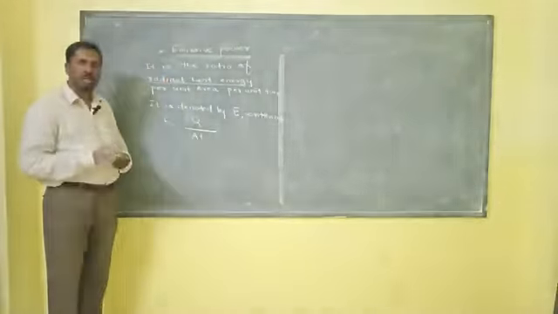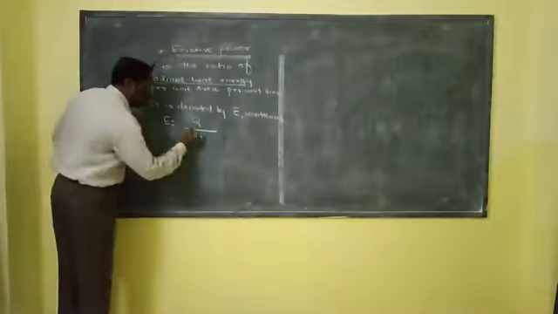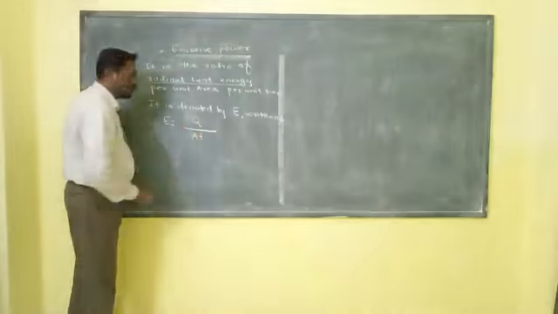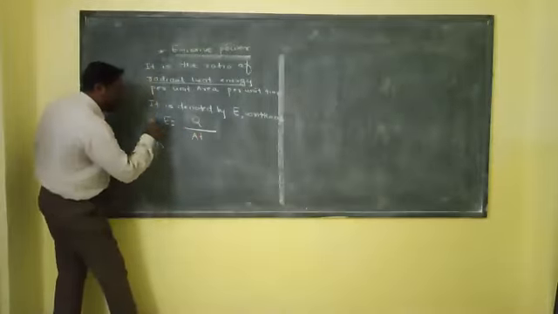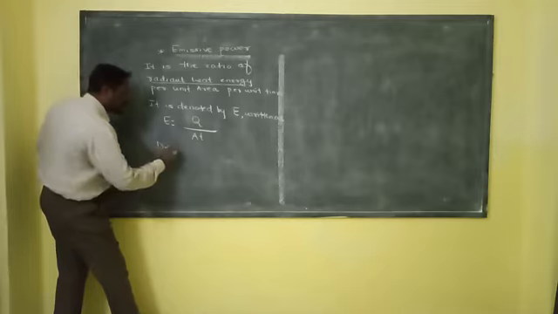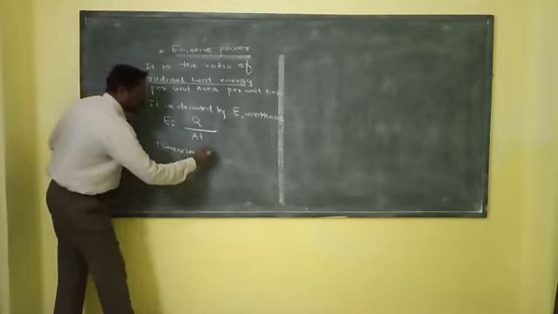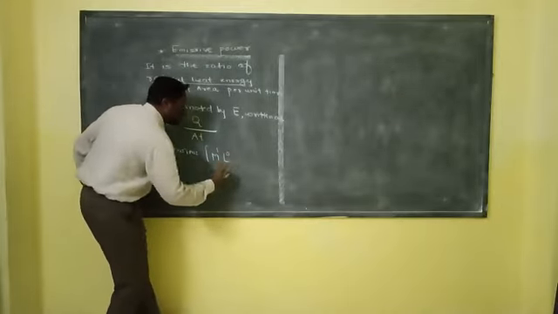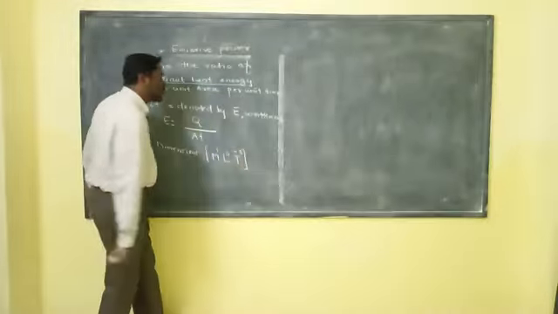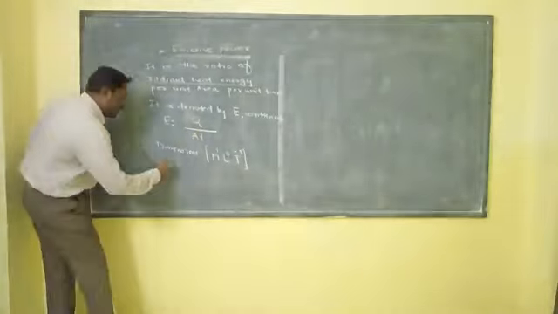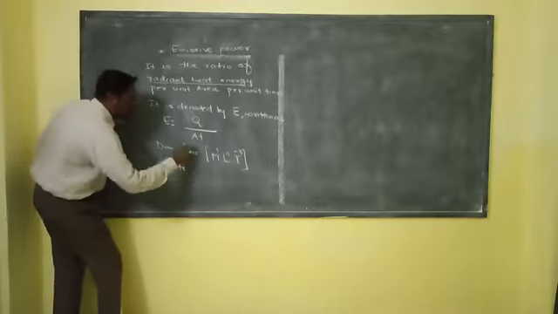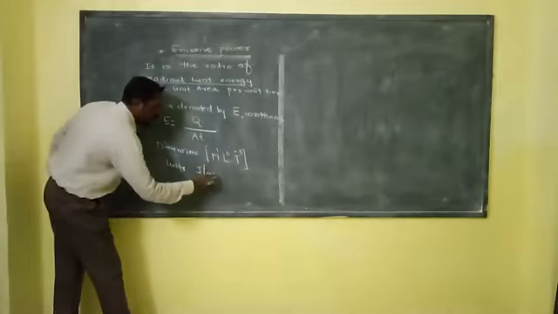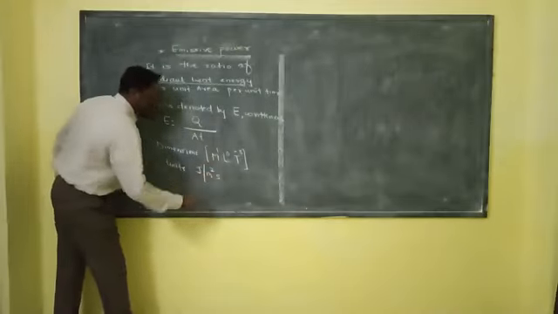Emissive power is the ratio of radiant heat energy per unit area per unit time, denoted by E. Its dimensions are M raised to 1, L raised to 0, T raised to -3. For units, energy is measured in joule, area in meter square, and time in second.